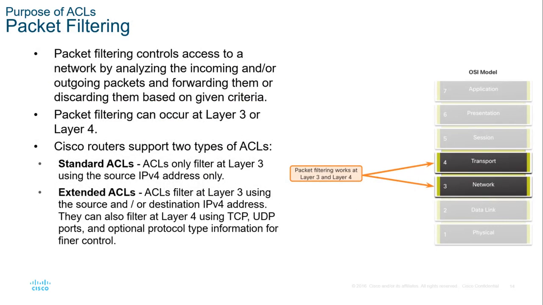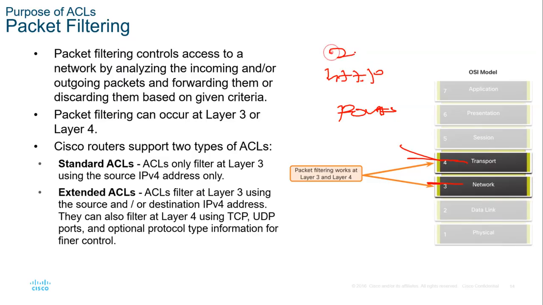Packet filtering can be done on two layers, the transport and the network layer. On the transport layer, of course, we expect to use port numbers, for example HTTP.